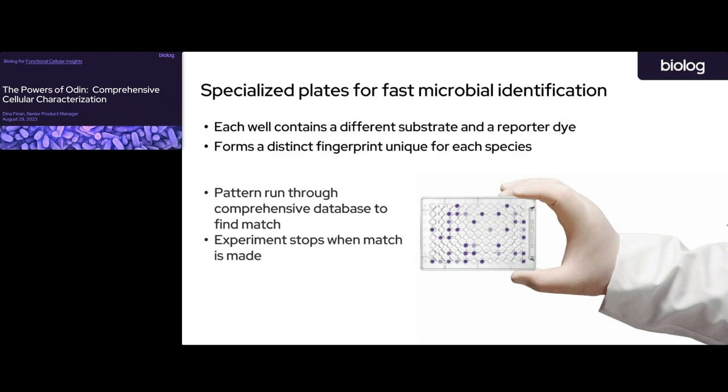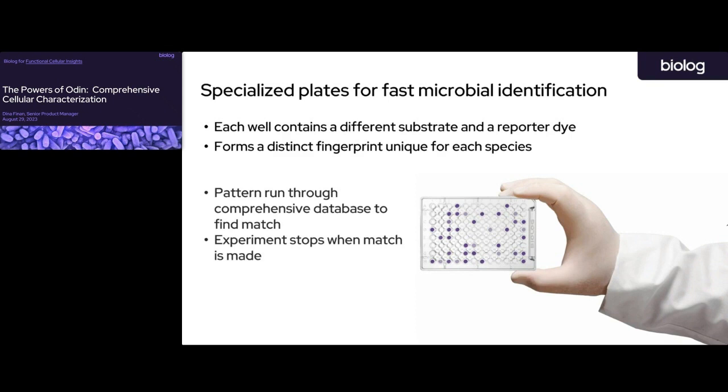And for each well, if the organism is able to utilize that substrate and respire, the dye will turn purple. And some of the wells have inhibitors in them, so if the organism can survive in the presence of those inhibitors, you will also see the dye turn purple.